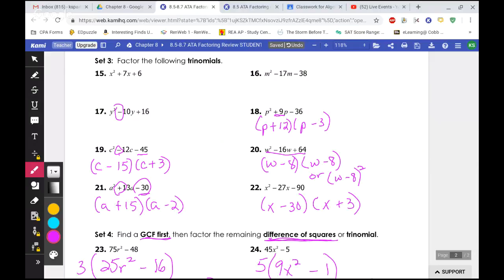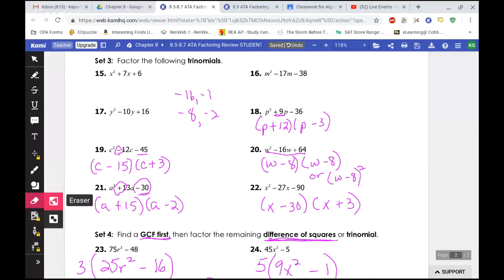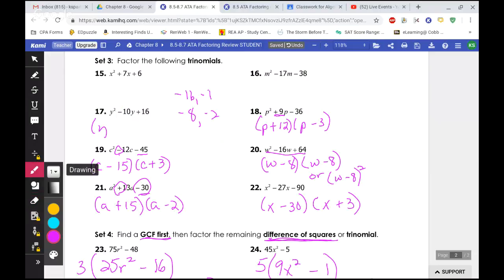So I'm looking for two factors of 16 that are both negative that combine to be a negative 10. Negative 16, negative 1, negative 8, negative 2. And there it is, because 8 and 2 equal 10. So y minus 8, y minus 2.